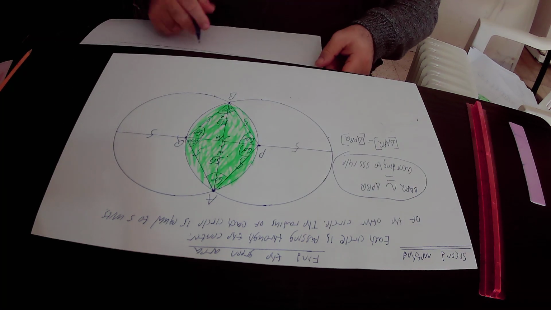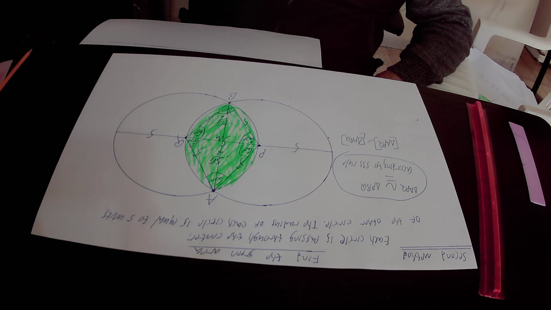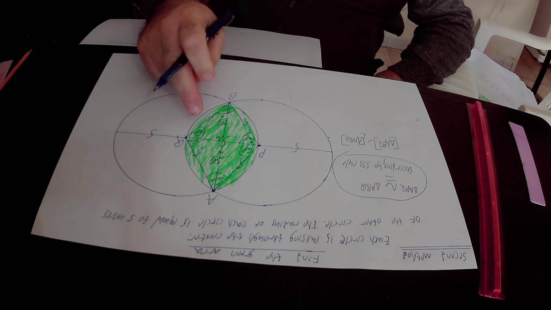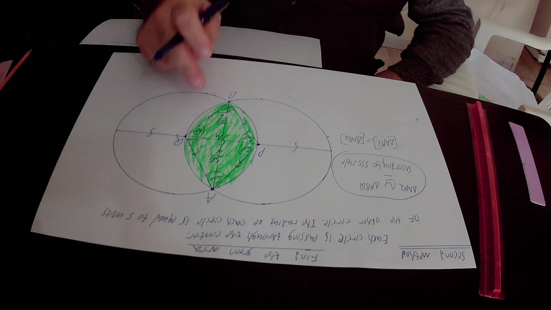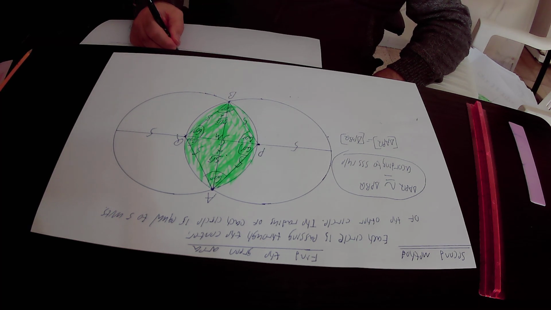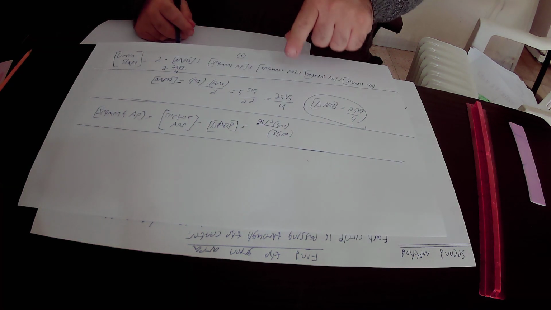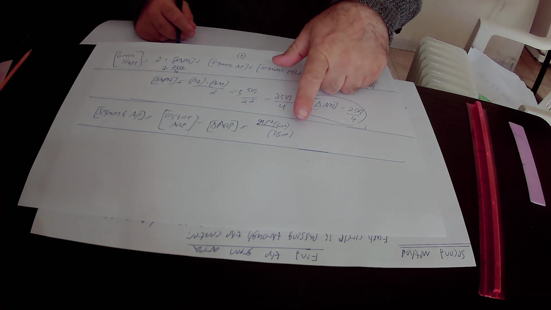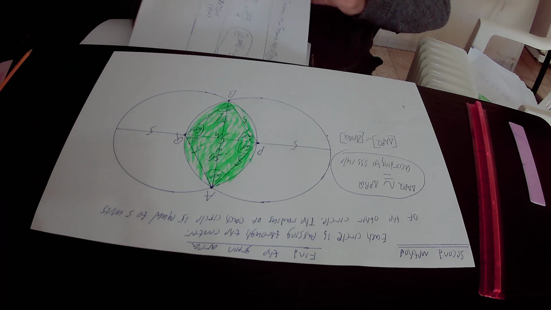And the area of sector AQP, this sector, will be equal to pi r square times 60 degrees over 360 degrees, minus the area of triangle AQP.